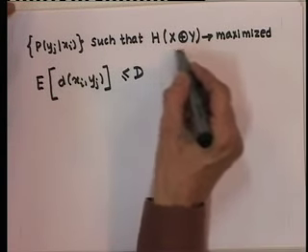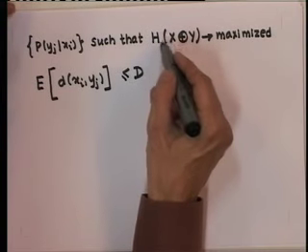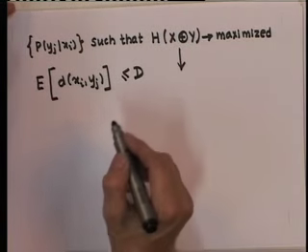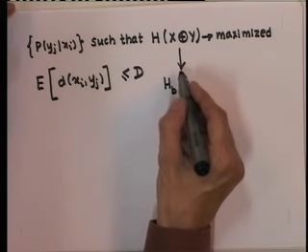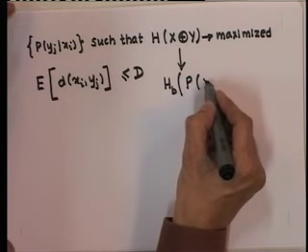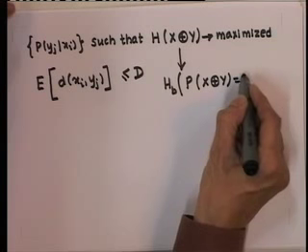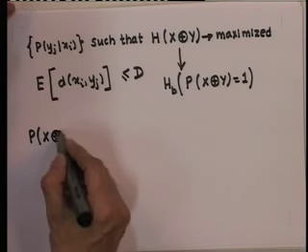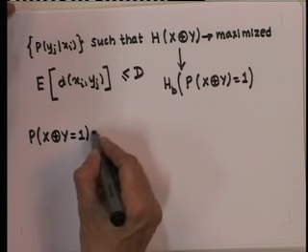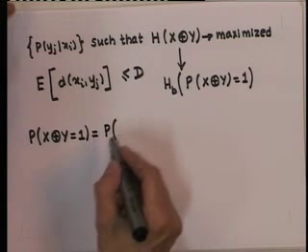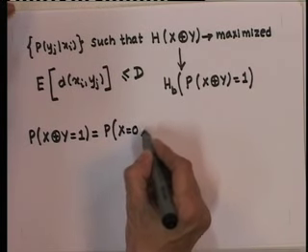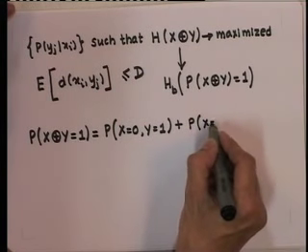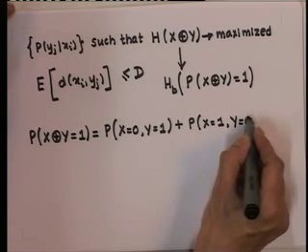Now, the entropy H(X XOR Y) is simply the binary entropy function h_b of the probability of X XOR Y equal to 1, where the probability of X XOR Y equal to 1 is equal to the joint probability of X equal to 0, Y equal to 1, plus the joint probability of X equal to 1, Y equal to 0.